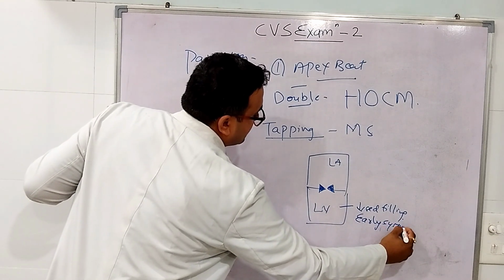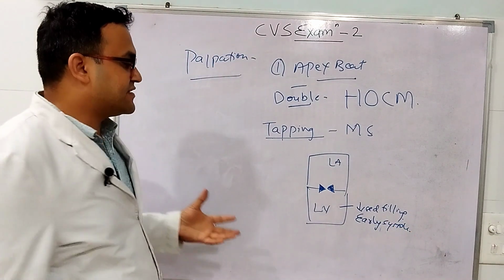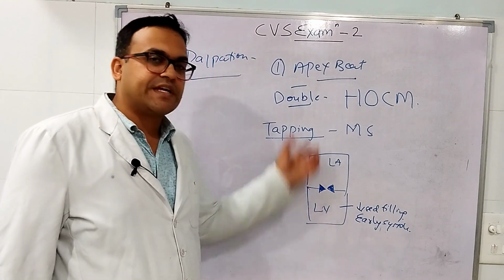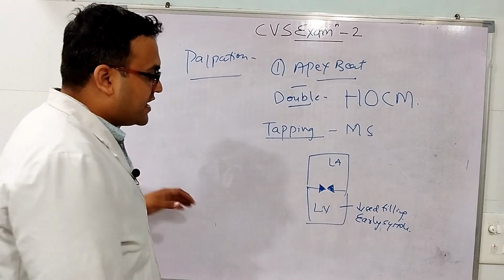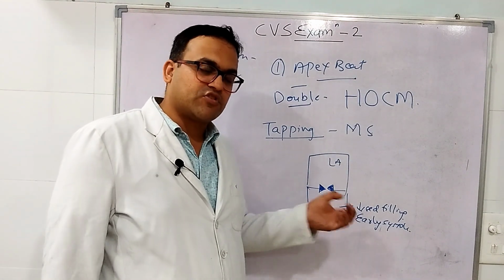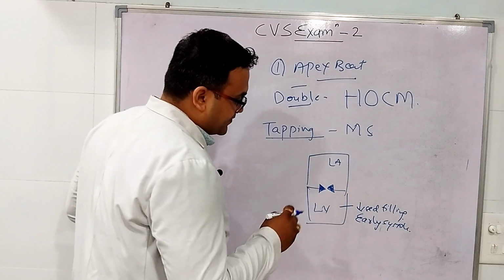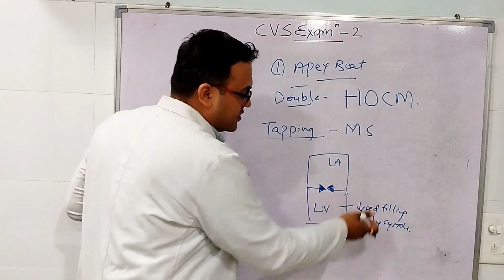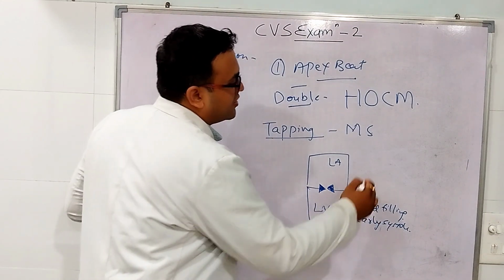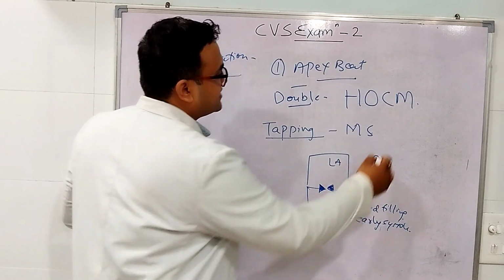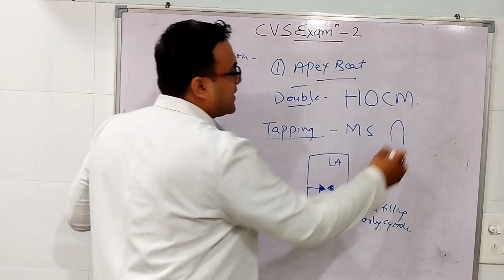Because of this decreased filling, there will be an early systole. And there will be less blood going into the aorta, so the thrust will also be less. Because of less thrust and less filling, the apex will just touch and go. So what happens in tapping apical impulse?